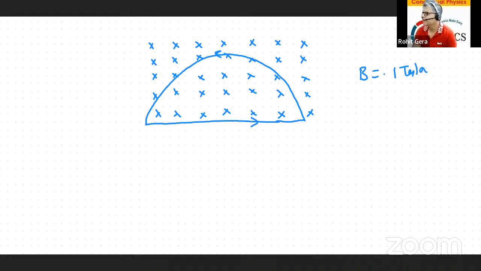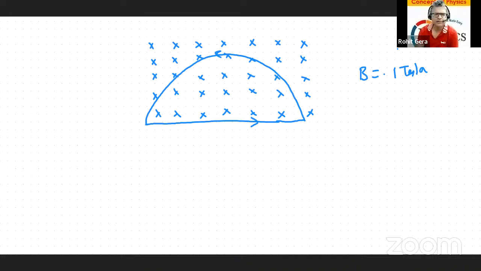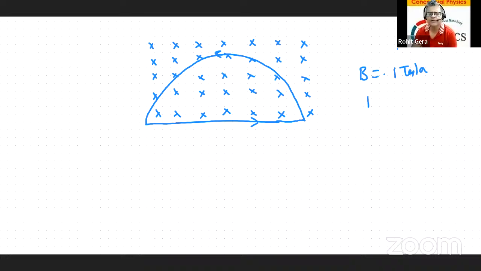Okay, and you can see the magnetic field this time is perpendicular to the loop, not parallel. Earlier we had put it parallel along the y-axis. So current in the loop is 2 amperes.